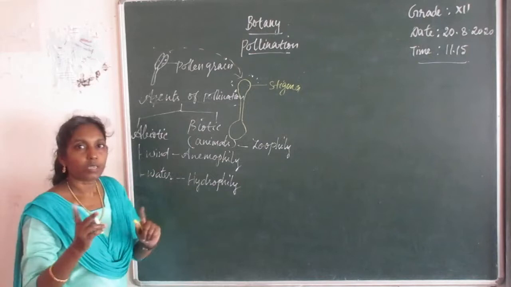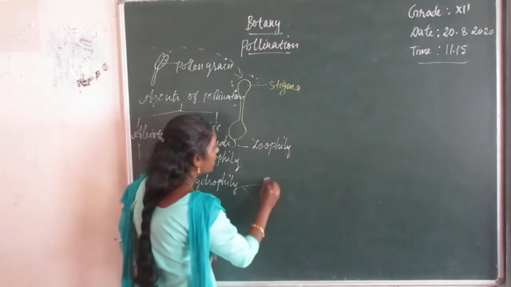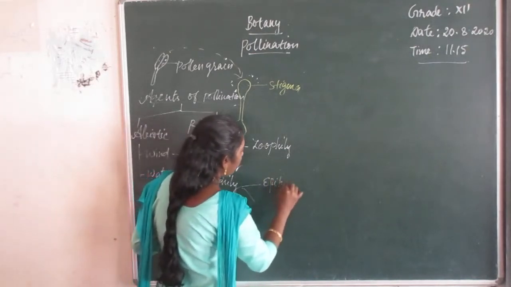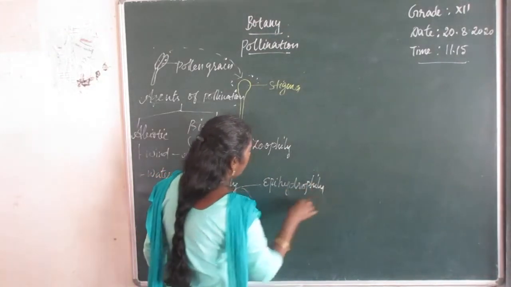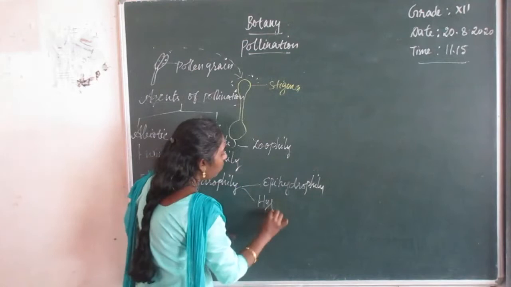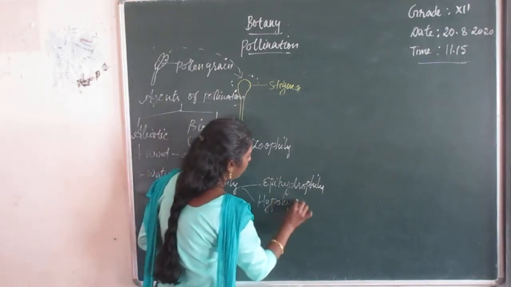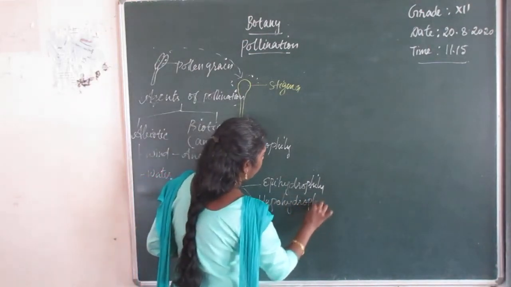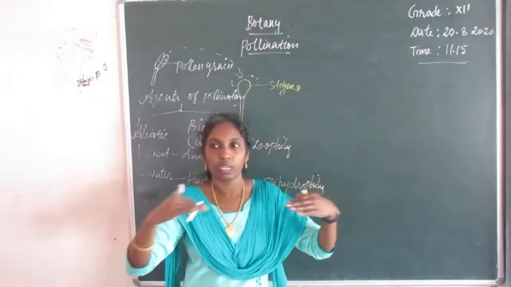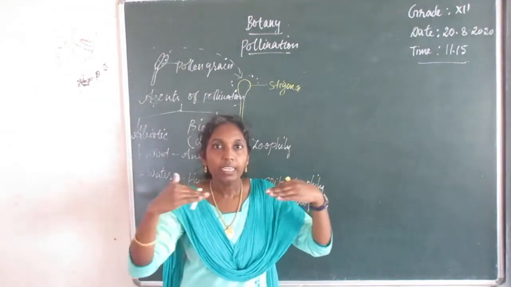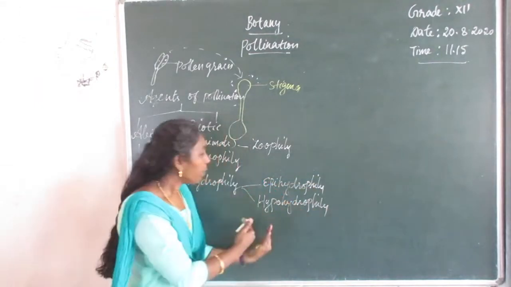There are two types of hydrophily. They are named epihydrophily and hypohydrophily. Epihydrophily: pollination taking place at the surface of water.